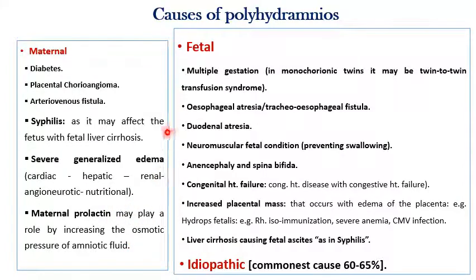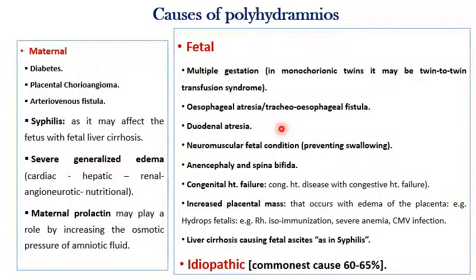Looking into the fetus, multiple pregnancy, especially monochorionic twins, is considered the commonest fetal cause. Esophageal atresia or tracheoesophageal fistula: in this state there is bad swallowing. Duodenal atresia, with decreased swallowing, again leads to accumulation of more and more amniotic fluid inside the amniotic sac.